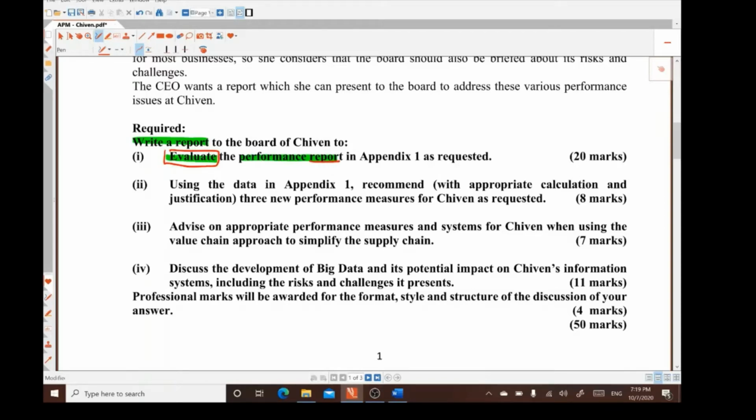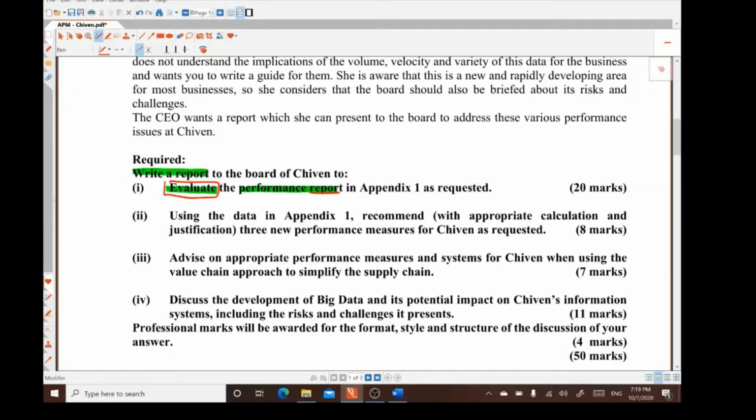Of course, some students will probably ask, now Stephy, when you see the words performance report, what does it indicate? For example, in the exam, if they are asking for the evaluation of the performance report, we are here to look into four main areas, and the students are required to know which are the four.